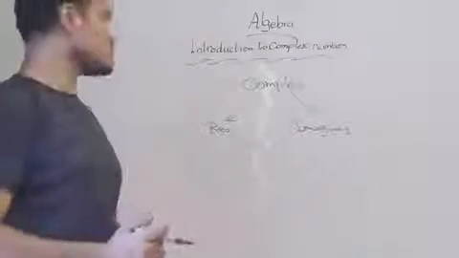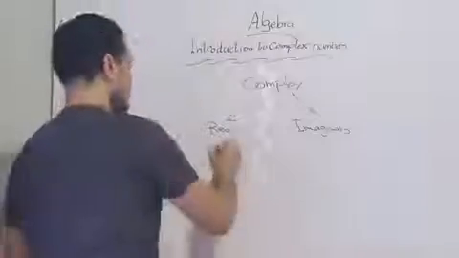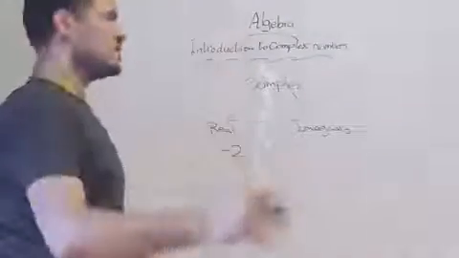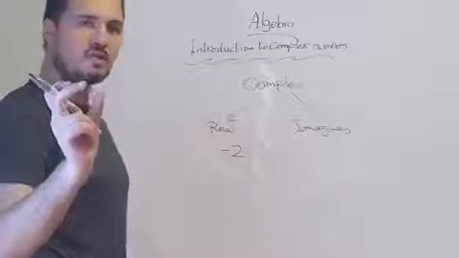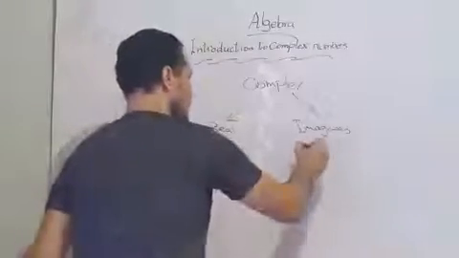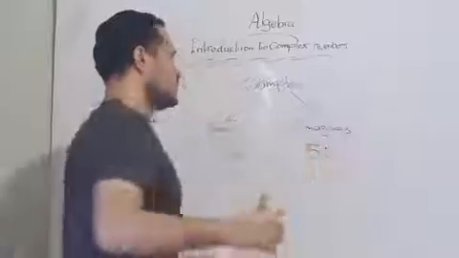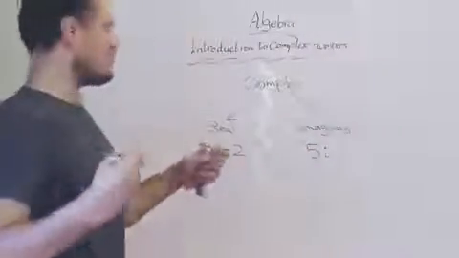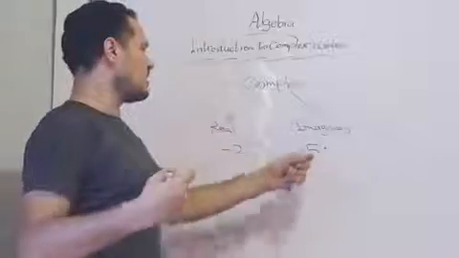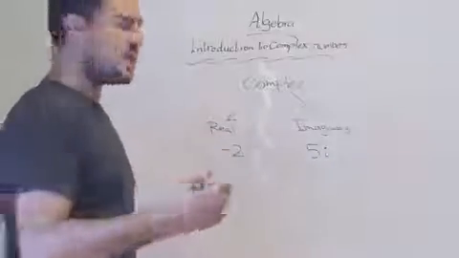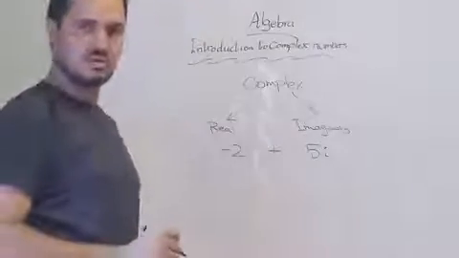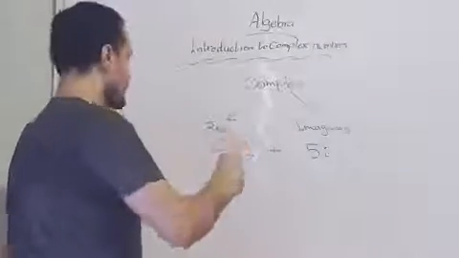Any number that belongs to R, such as -2. The imaginary part is any number joined with the symbol I, such as 5i. So let's combine them. The complex number which consists of -2 as the real part and 5i as the imaginary part is -2 plus 5i.